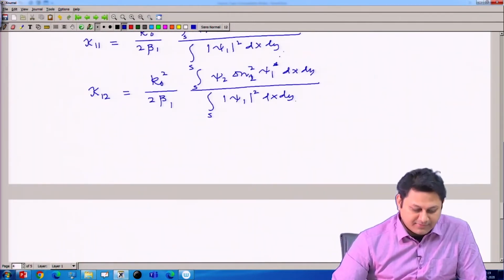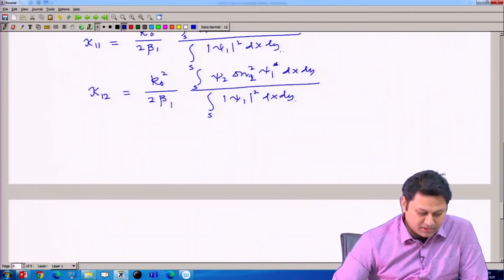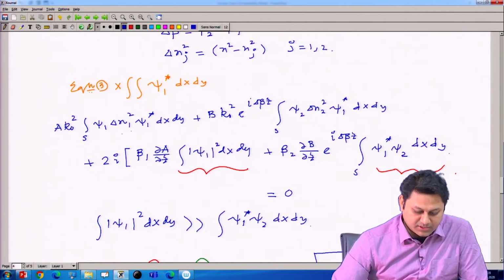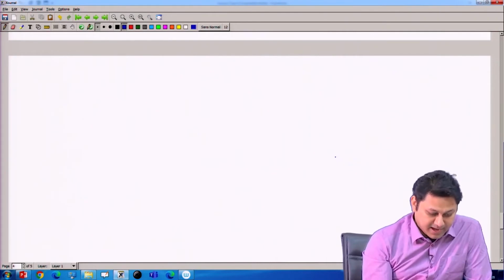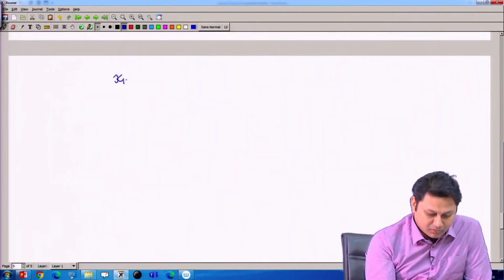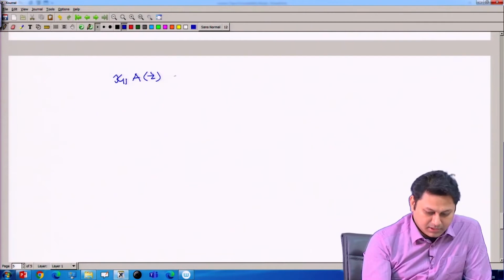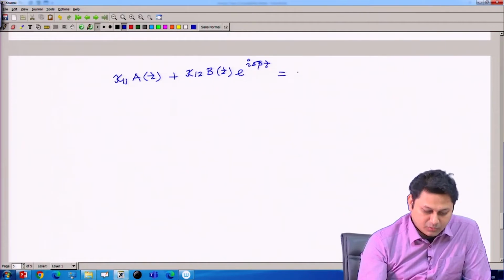Well, after having this kappa 1 and kappa 2, my differential equation becomes much simpler, and the simpler form I can have is this: kappa 1 1 a, which is a function of z, then kappa 1 2 b, then e to the power of I delta beta z is equal to minus I dA dz.